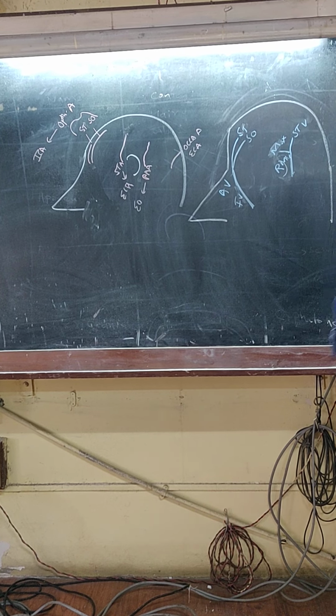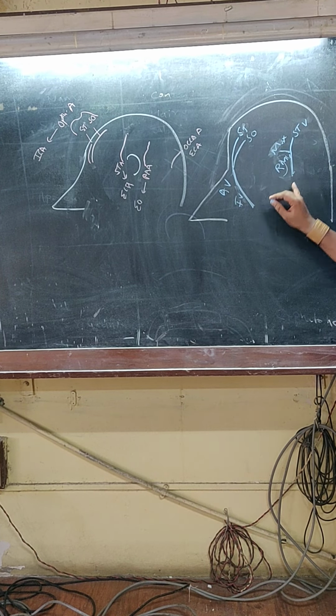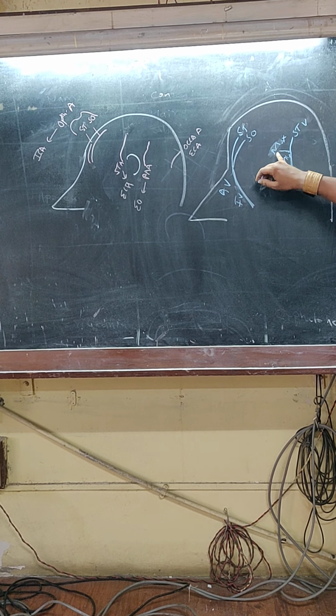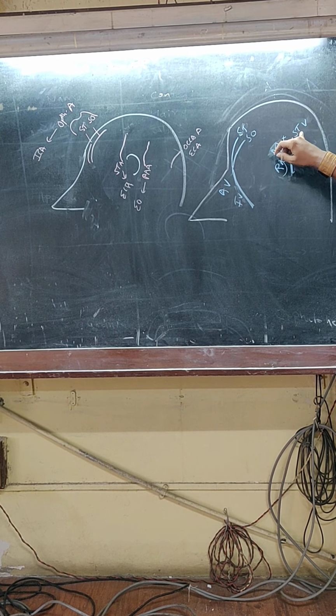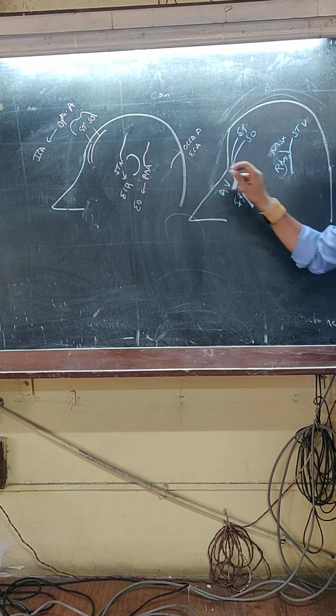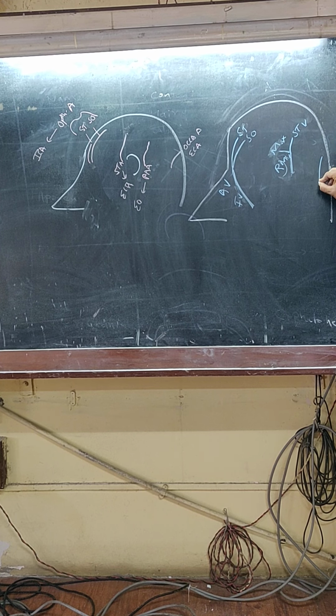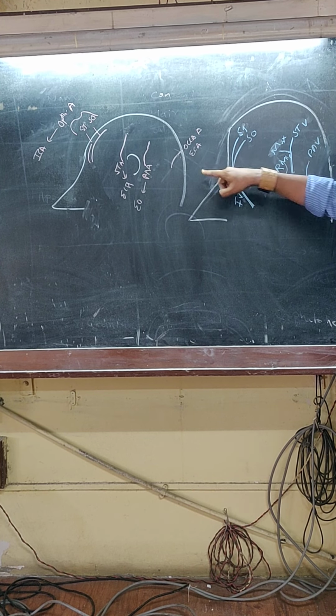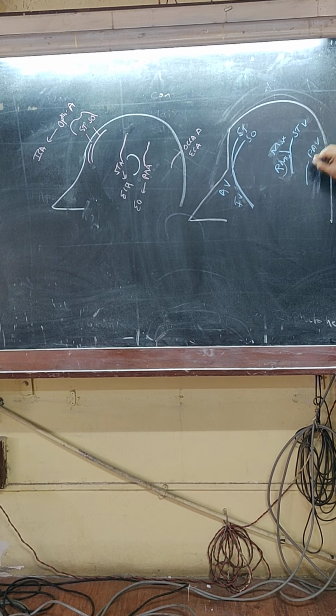Retromandibular vein. It is formed by the union of maxillary and superficial temporal veins. Then what was here? Posterior auricular artery, so there is a posterior auricular vein. The occipital vein will also have the same name as the artery, but here it is the posterior auricular vein.